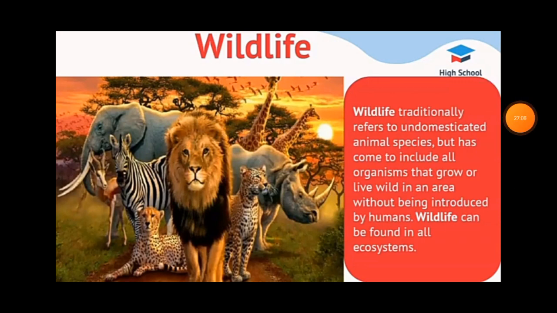The Indian Board for Wildlife, that is IBWL, was constituted in 1952 to preserve the country's rich and diverse wildlife. A network of 102 national parks and about 515 wildlife sanctuaries across the country have been created. So, how many national parks are there? 102 national parks. How many wildlife sanctuaries? 515 wildlife sanctuaries.